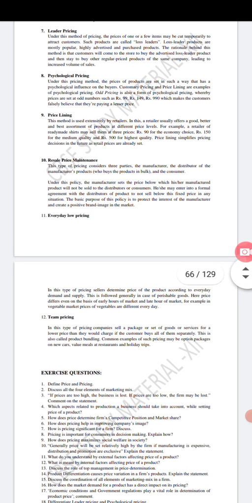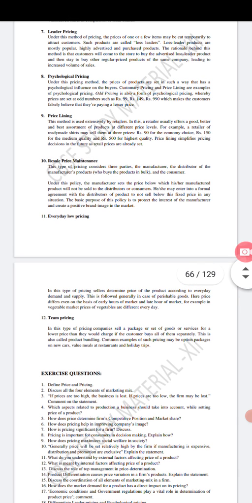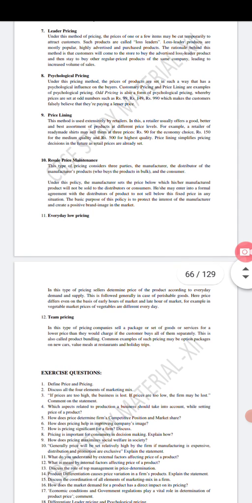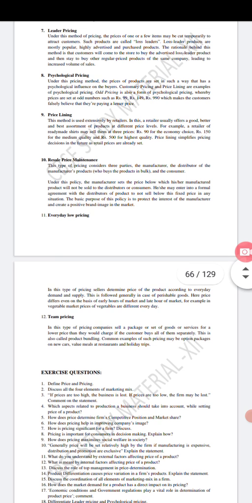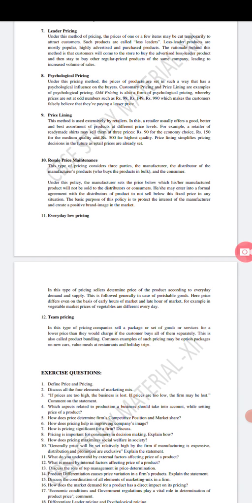But in fact only rupees 1 is less, the amount is full, because 1999 is equal to 2000, only rupees 1 less, but we think 1999 is in the range of thousands. So this is a tricky method to attract customers by psychologically affecting the mind and setting the odd pricing number.